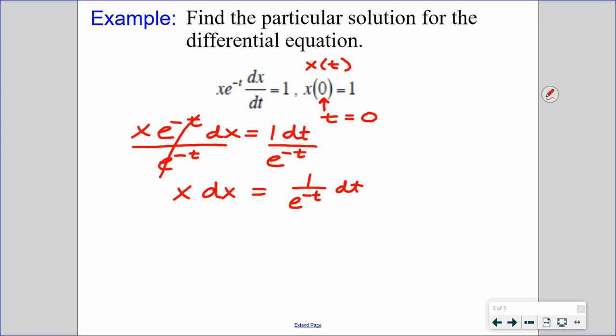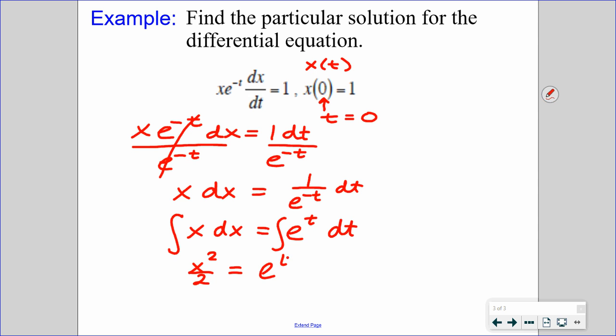But just to make anti-deriving easier, I'll go ahead and flip this fraction, which will make it just e to the t power. Then we're going to integrate both sides. The antiderivative of x is x squared over 2. The antiderivative of e to the t is e to the t plus c.